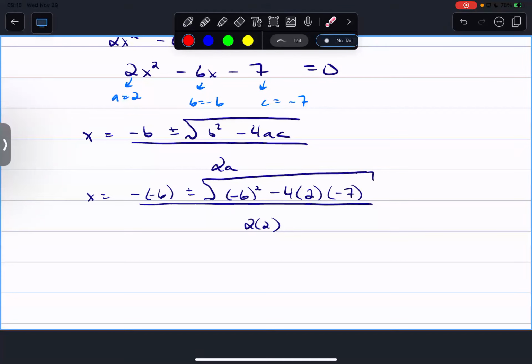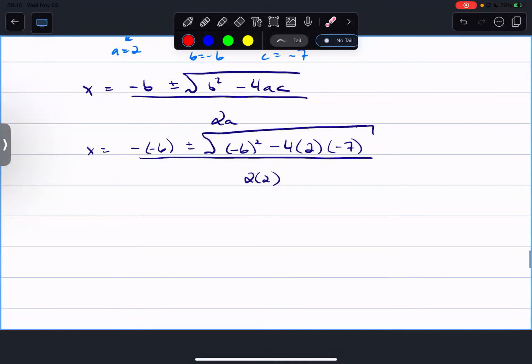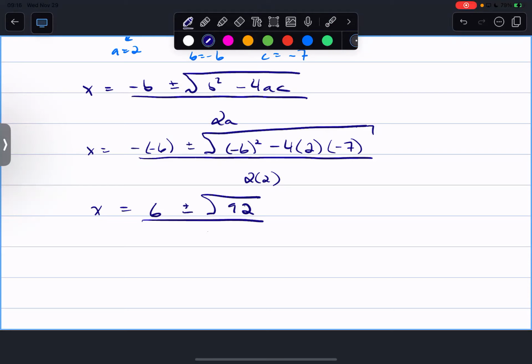I'm gonna do 4 times 2 times -7 is -56. So kind of hodgepodge math here. 6 squared is 36 plus 56. That's what I get. So I get x is 6 plus minus the square root of 92, divided by 4. Hopefully I didn't do that wrong.